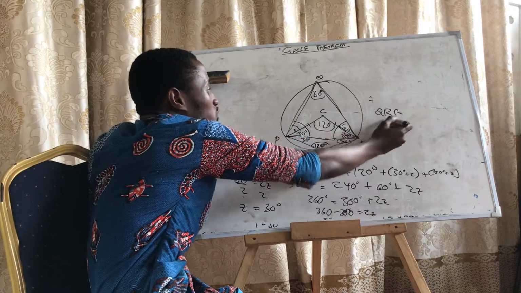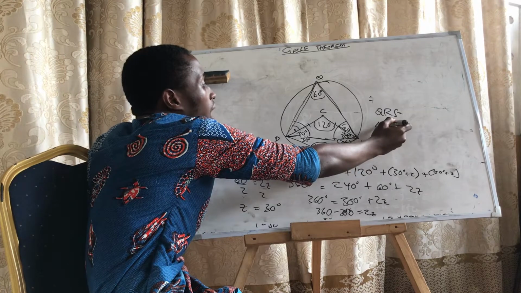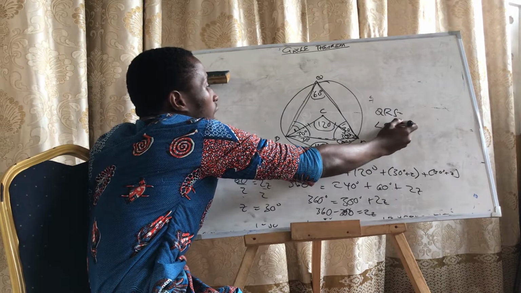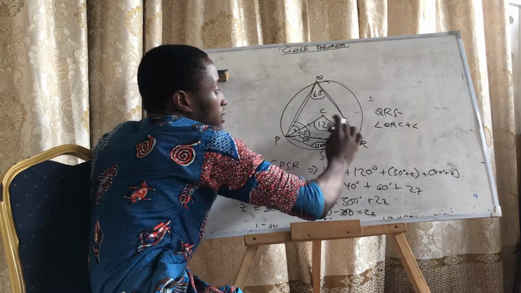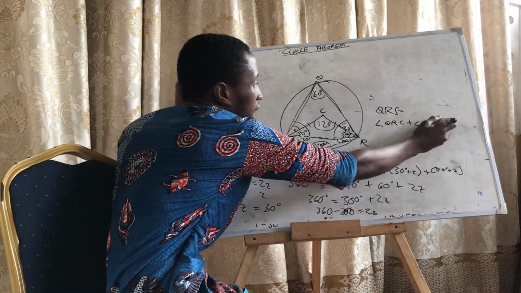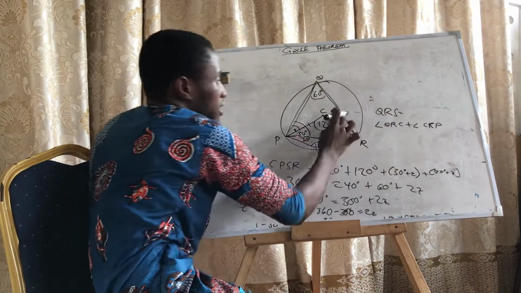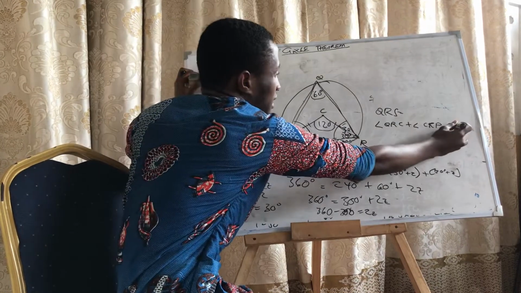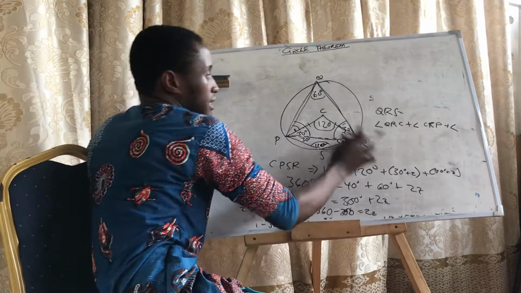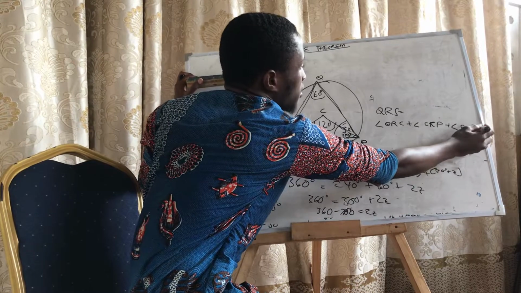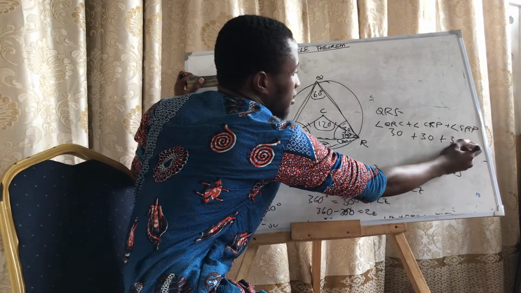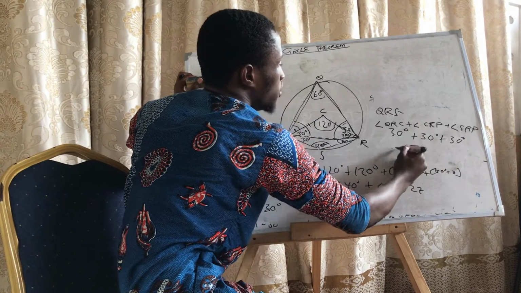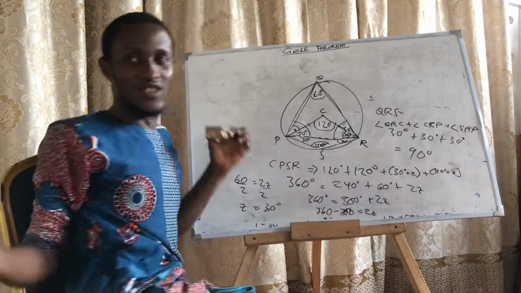So QRS will be equal to angle QRC plus angle CRP, so this plus this, then plus angle SRP. So you get 30 plus 30 plus 30 degrees, which will be equal to 90 degrees.